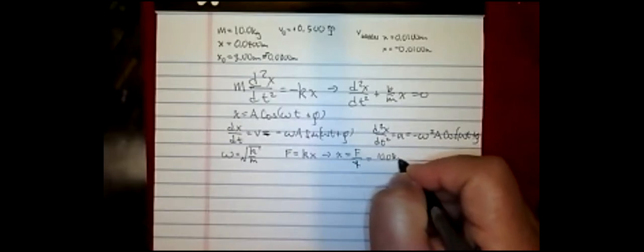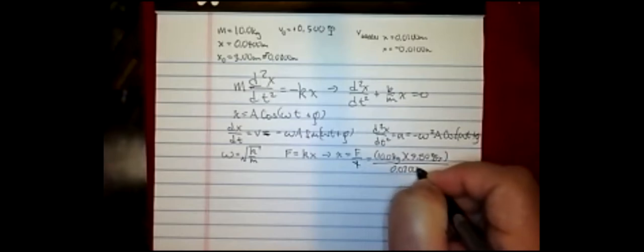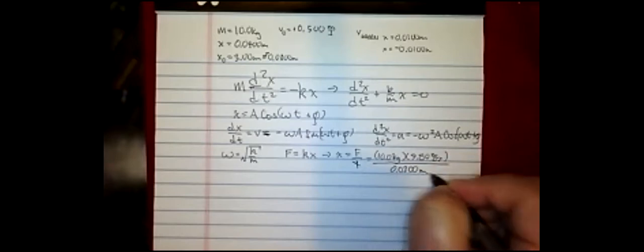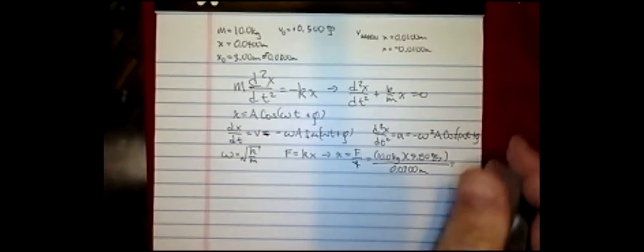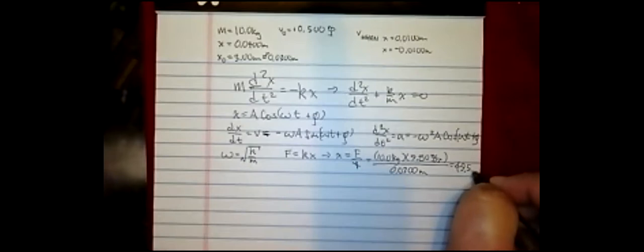So we have to do 10.0 kilograms times 9.80 meters per second squared, divided by 0.0300 meters. And that gives us a spring constant equal to 49.50, and that's in newtons per meter.